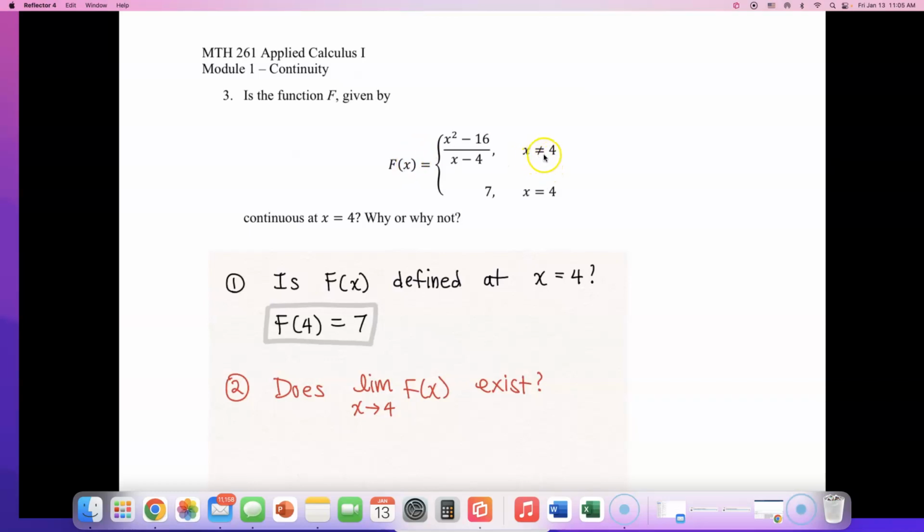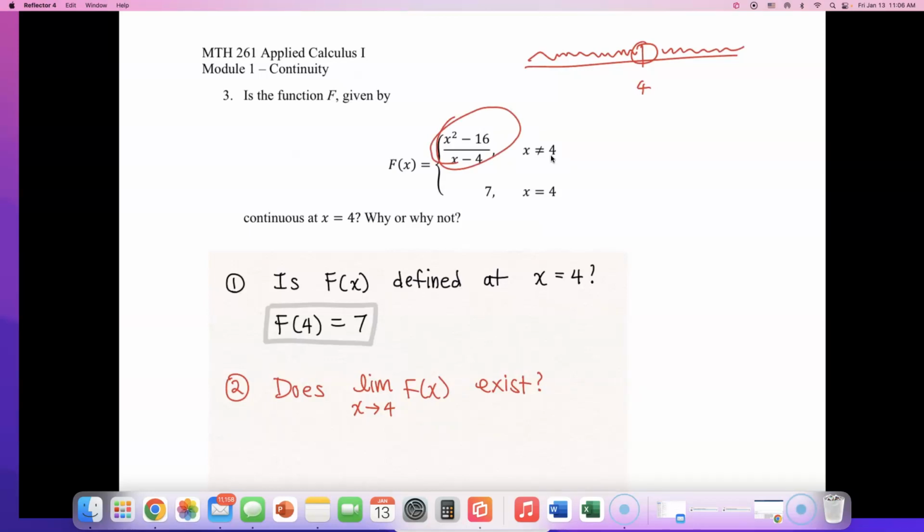To the left of 4, we're using this rational expression, and to the right side of 4, we're using this rational expression. Only at x equals 4 are we going to use the bottom piece. Whenever x is not equal to 4, which means the left side or the right side of 4, we're going to be using this piece right there.